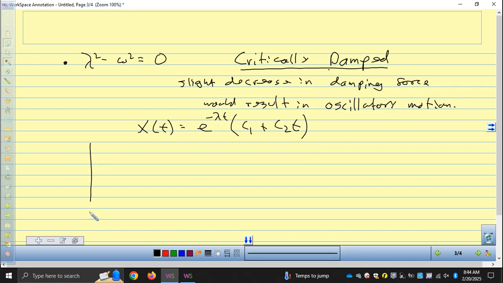And a graph of critically damped motion, if that's x and that's t, could have something that looks like this, or something that looks like this. And there is at most, for critically damped motion, one maximum.